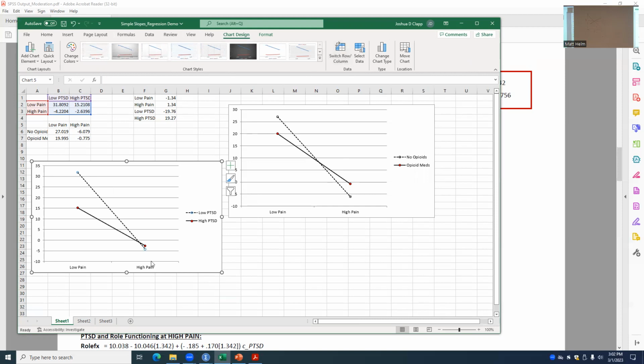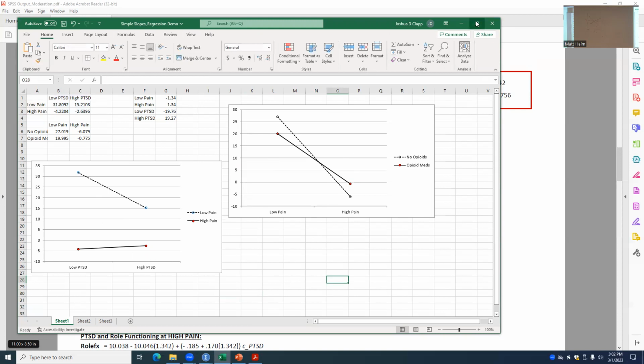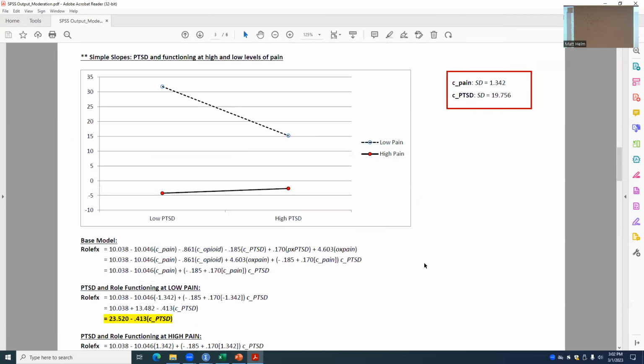Here we've got low pain and high pain. Pain is your base variable, and this is your moderator. That's actually not what we did. Making sure that things are flipped the right way you want them to be, right? So go through and plotting these out in Excel.